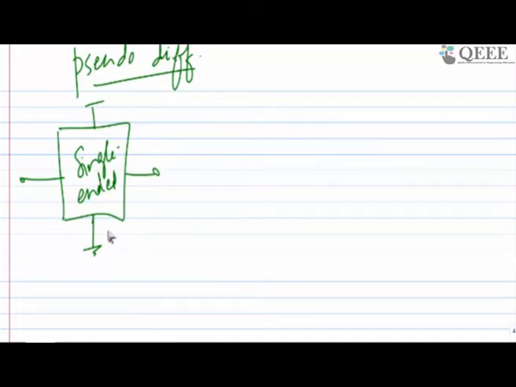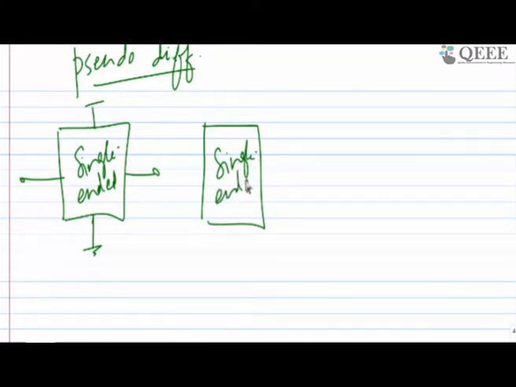So all these circuits are single-ended, but I want to make it differential, which is pseudo. I have to put another single-ended circuit here, the same copied one, and this side is V in plus, this side has to be V in minus, and the outputs V out minus, V out plus.